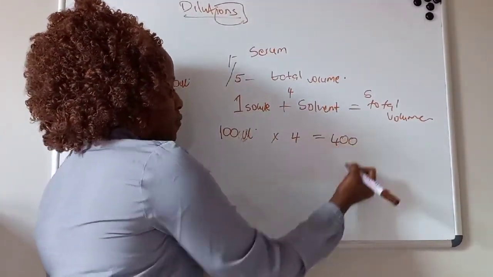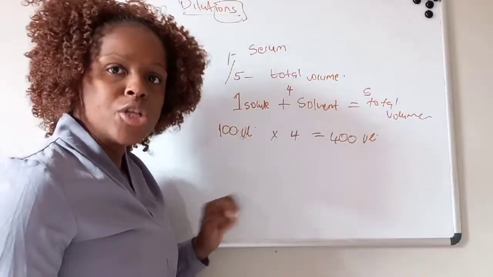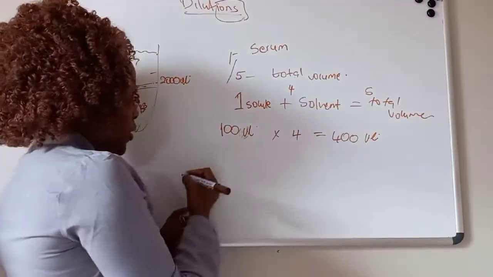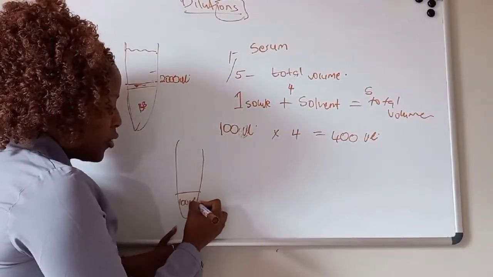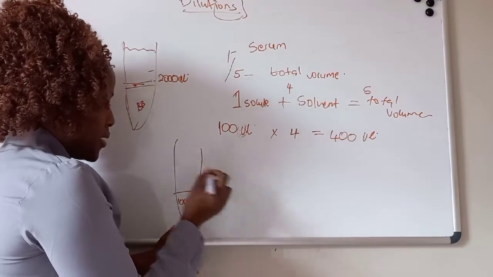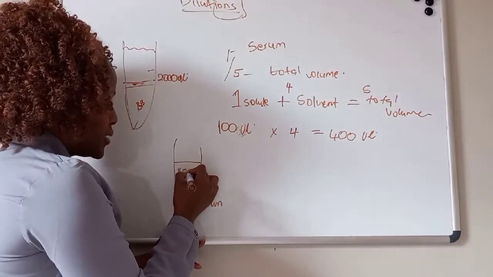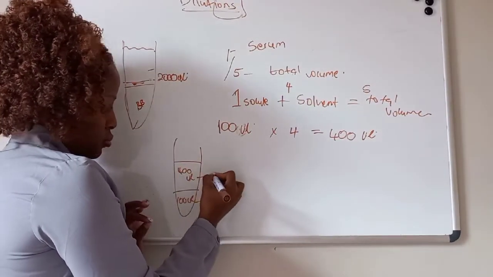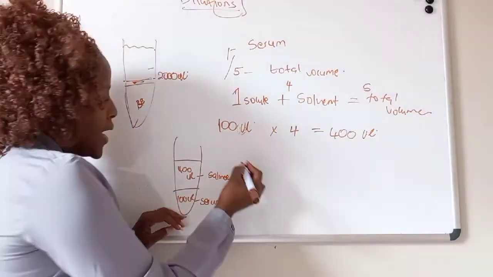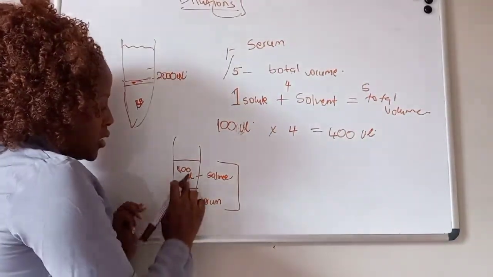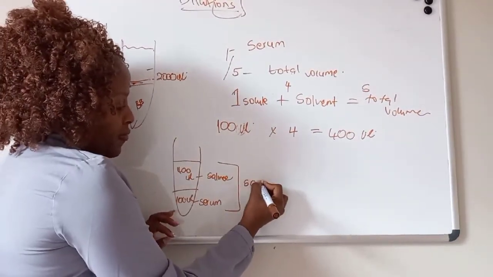It's going to give me 400 microliters. So when I'm doing my dilution, I'm going to add 100 microliters of my serum and 400 microliters of my cell line, which is my diluent or my solvent, and the total of this, 100 plus 400, is going to give me 500 microliters.